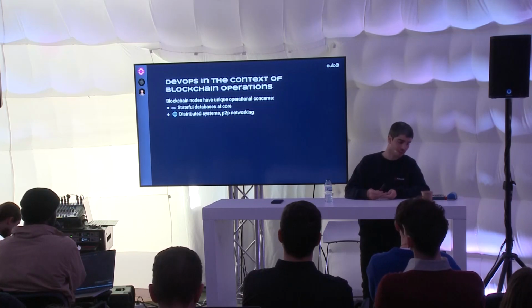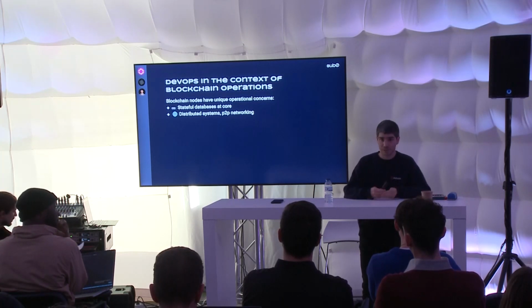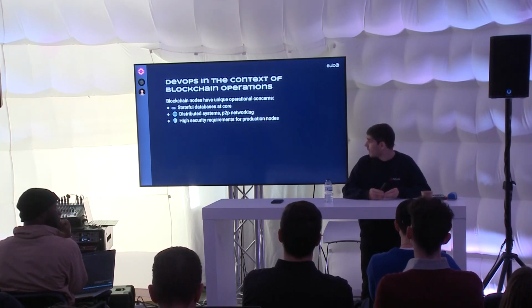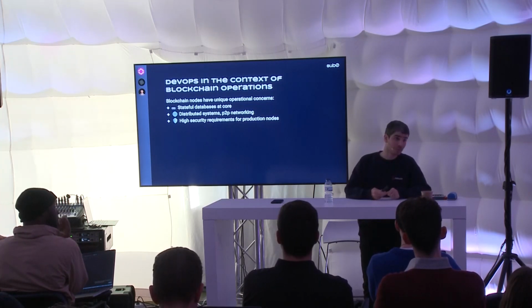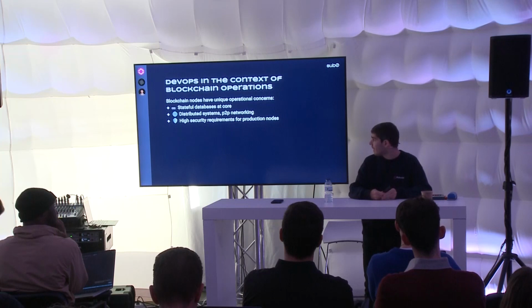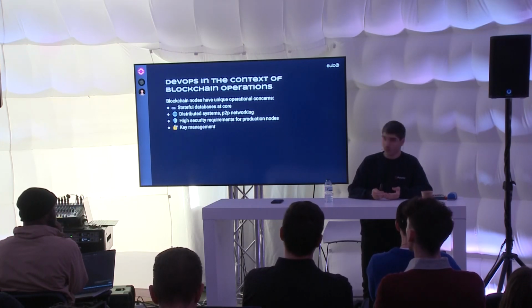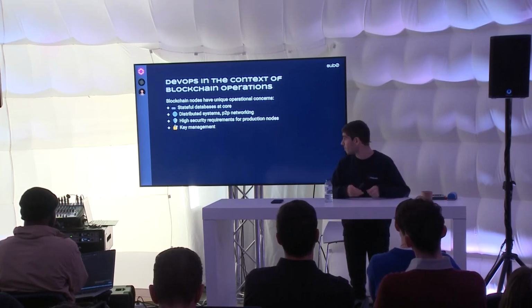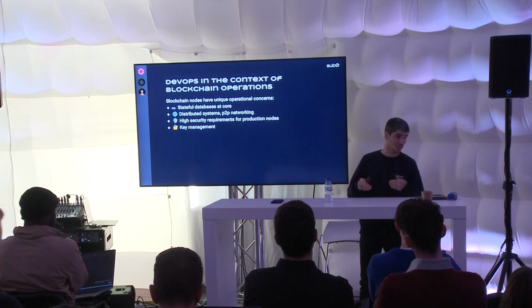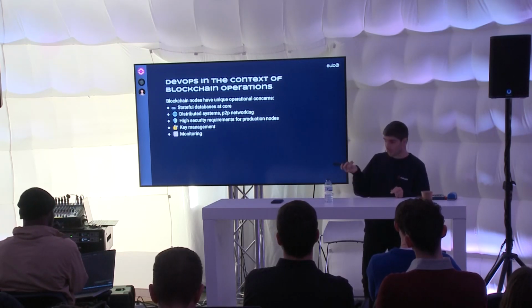And moreover, you have this distributed system aspect where all your nodes are connected to each other with this P2P stack. You also have a lot of requirements to keep your nodes secure, especially for production on the mainnet. You also have key management, so you have a lot of keys to manage, especially as blockchains become more and more complex, and monitoring, of course.